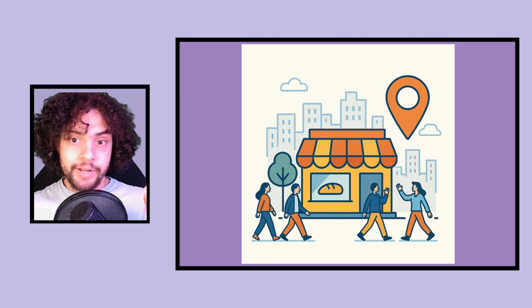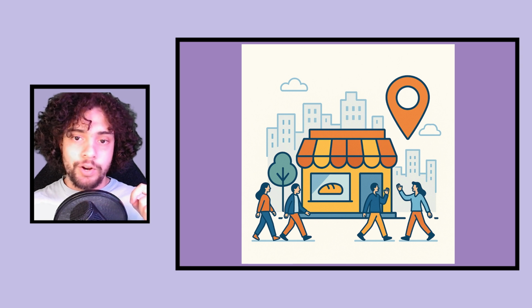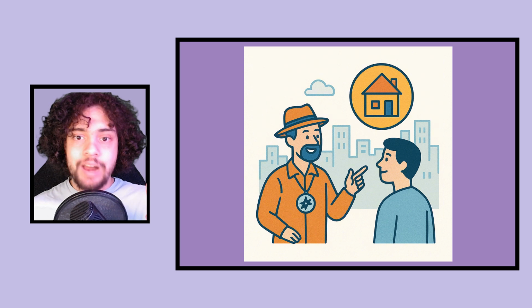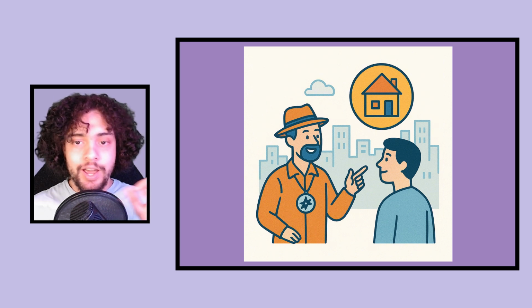And when folks are thinking about their local communities, you probably want to be the first business they think of when they're looking for services. And well, this is exactly what local SEO helps to improve. It's like having the best, most trusted neighborhood guide, one that can point people to all the hidden gems and other local favorite spots in the area.